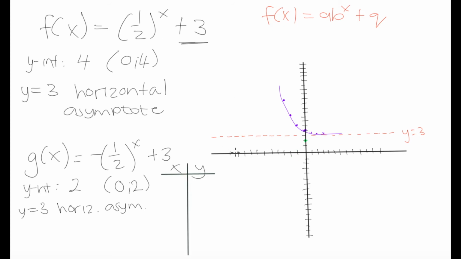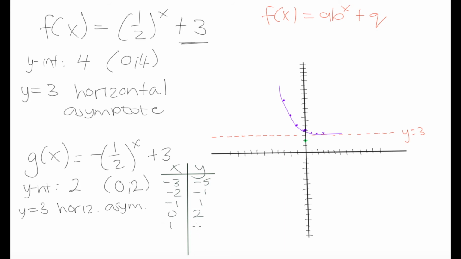So if we make a little XY table here, when x is equal to -3, y is going to be equal to -5. When x is -2, we're going to have a y value of -1. When x is -1, we're going to have a y value of 1. When x is 0, we're going to have a y value of 2. That is our y-intercept.